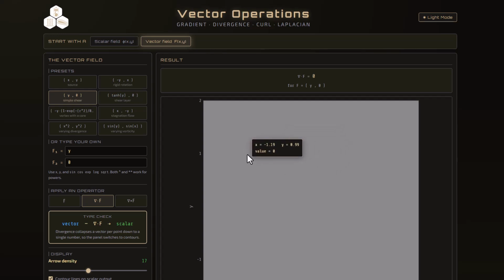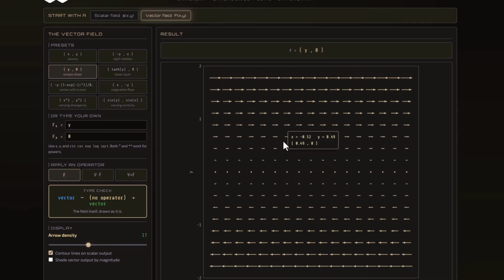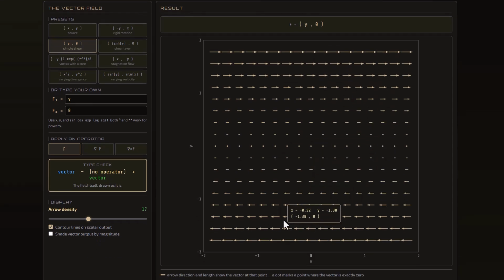Now, what the divergence measures is really the net outflow. The easiest way to think about it is, if you think about this vector field in 2 dimensions, does it seem like you have a source or a sink of flow?